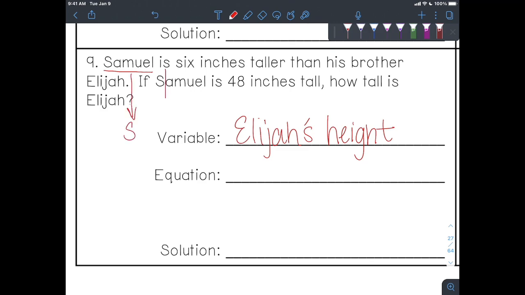So, Samuel is, when I see the word than, I do things backwards. 6 inches taller than Elijah. Samuel is 6 inches taller than, let me do that in a different color, Elijah.